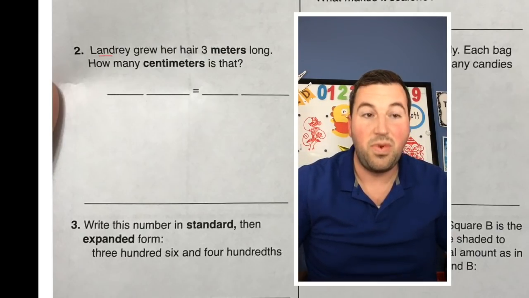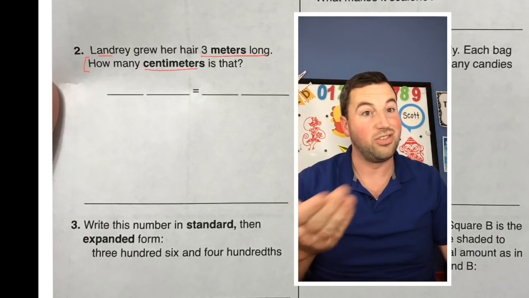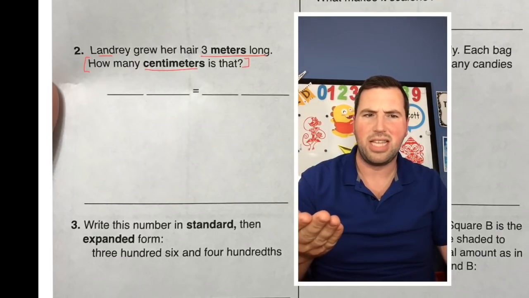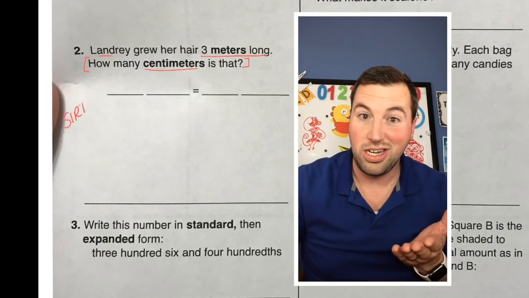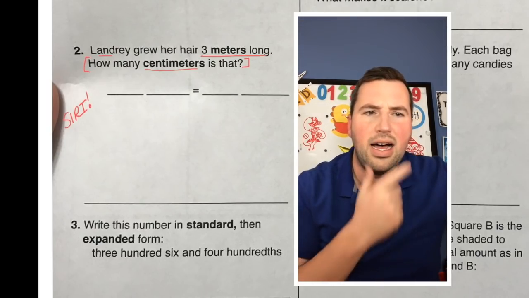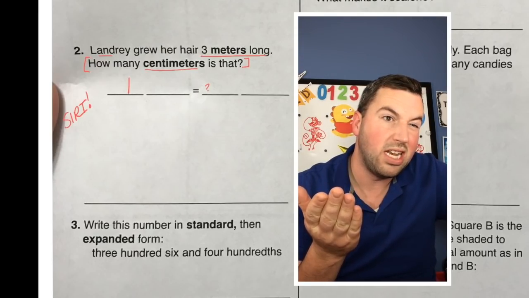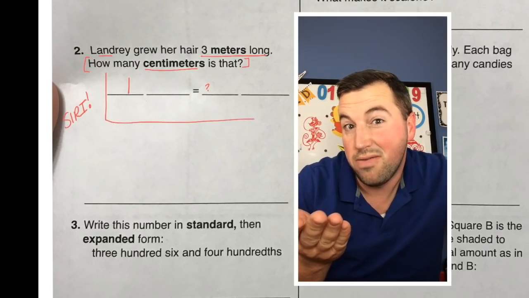All right, number 2. Landry grew her hair 3 meters long. Interesting, Landry, that's pretty long. How many centimeters is that? Time to say, hey Siri, and check. 1 meter is how many centimeters? Or 1 centimeter is how many meters? I guess you'll have to look and find out.